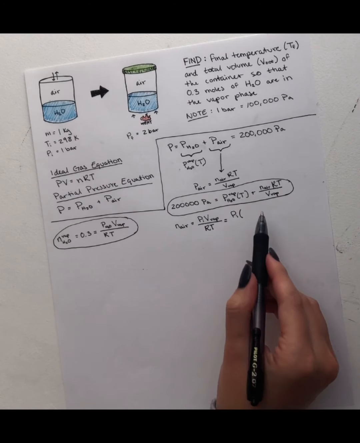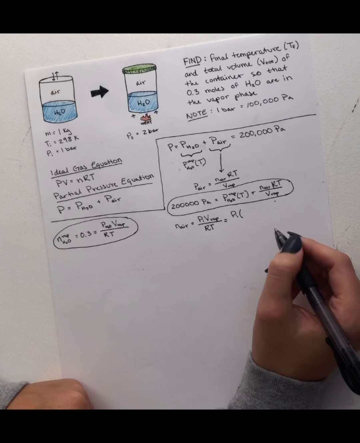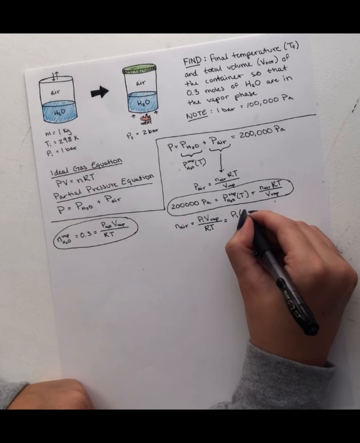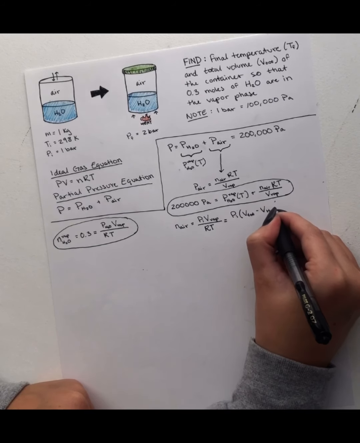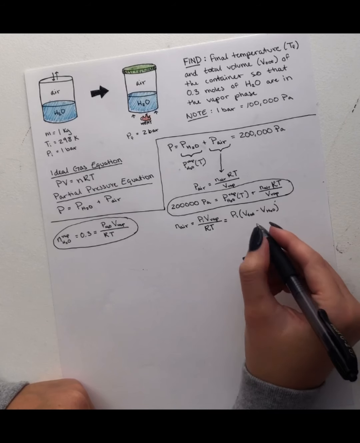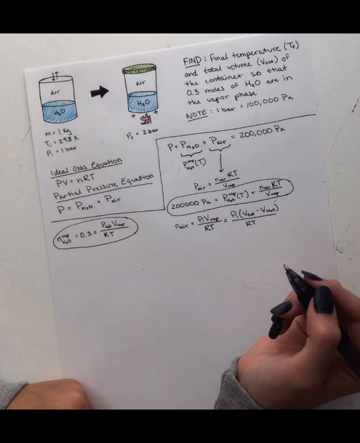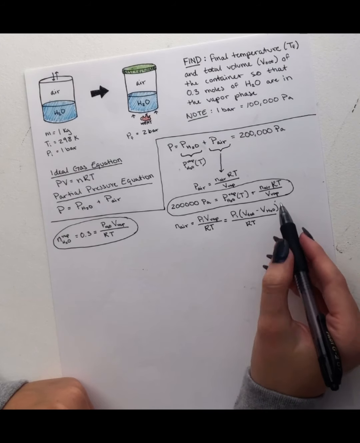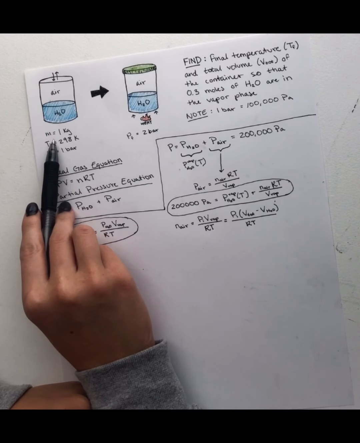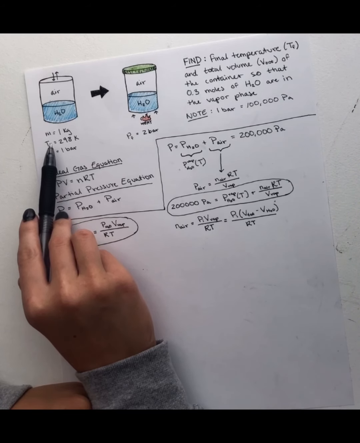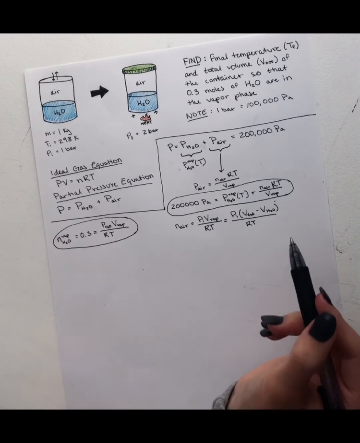And since we don't technically know the volume of the vapor phase, we do know that it's the total volume minus the volume of the water. We also don't know the volume of the water, but we know the mass of the water, and we can use density, putting in this mass, to find the volume.